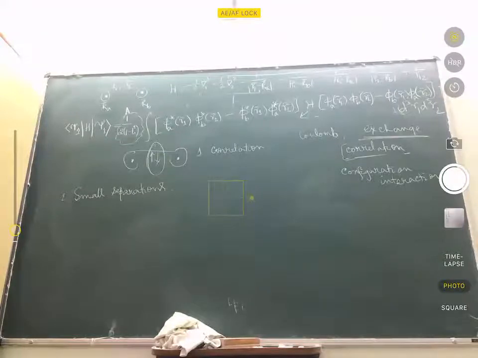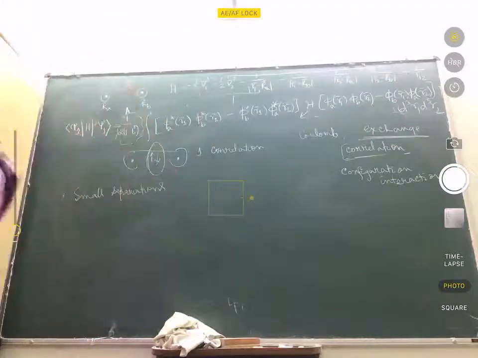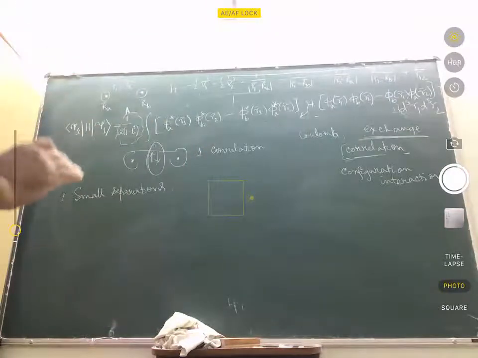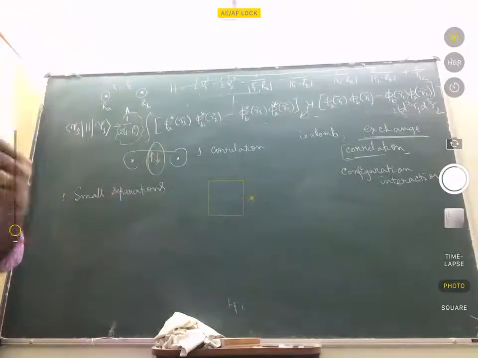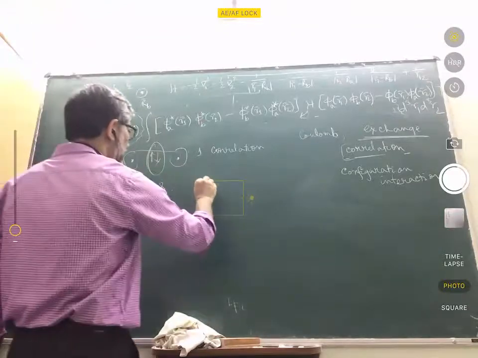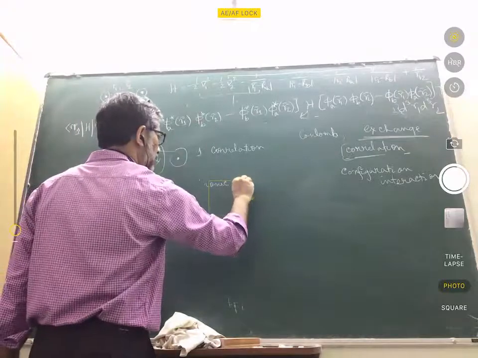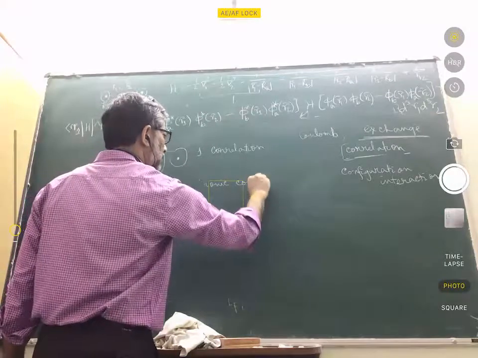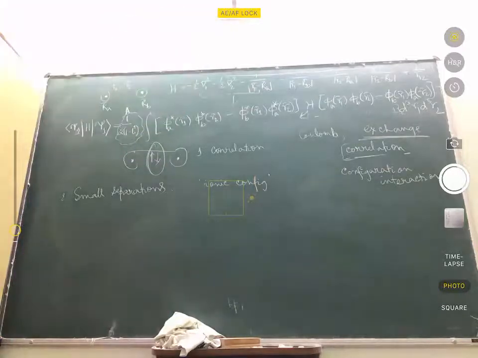So at small separations, we never considered configurations in which both the electrons are on the same atom, both the electrons on phi A or both the electrons on phi B. We never considered such configurations. Those configurations can be termed ionic configurations, because one of the hydrogens, let's say, becomes H minus.